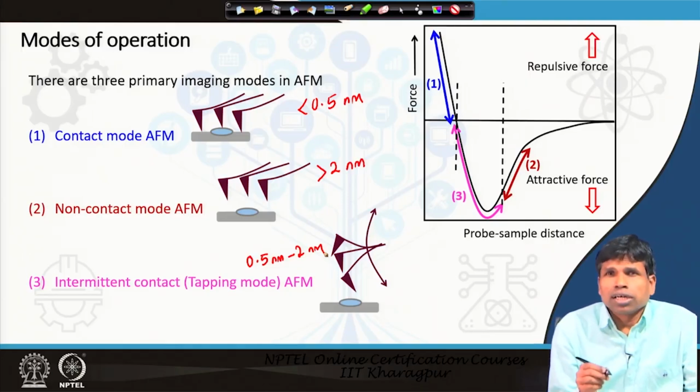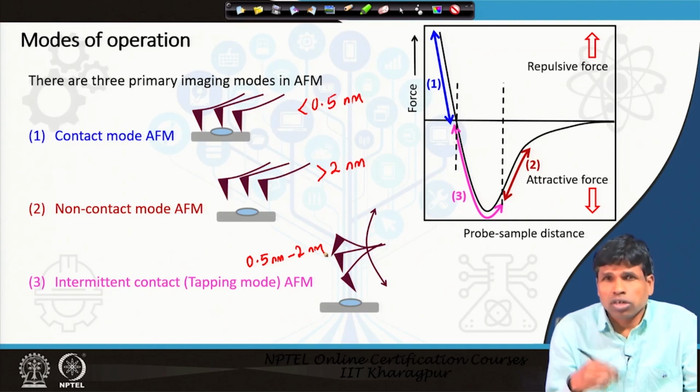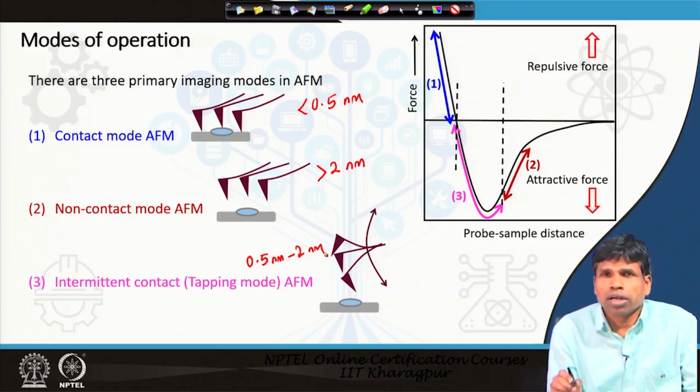Now, in the non-contact mode, first of all, the resolution will not be as good as that of contact mode, but the main problem arises if we want to operate in ambient conditions. At ambient condition, there will always be a water layer on the sample surface.